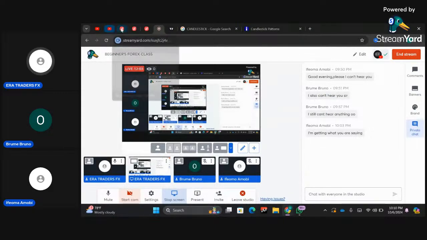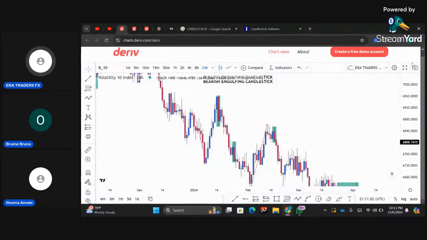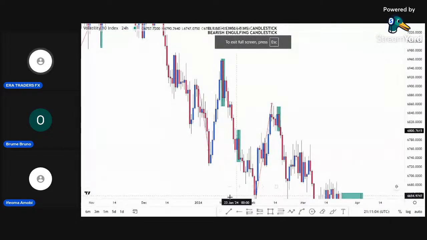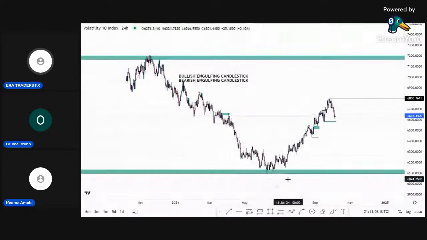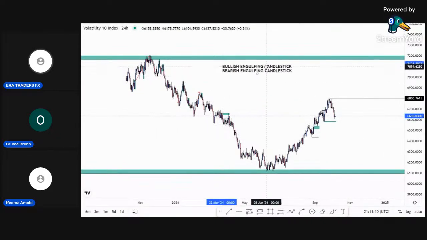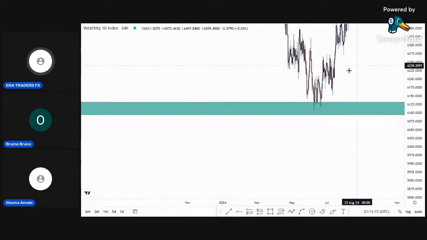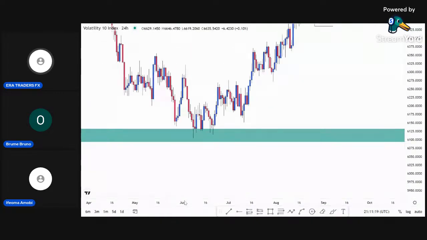So now, what I want to talk about is, like I said, the other candle patterns. If we continue checking, we'll see a lot of candlestick patterns.